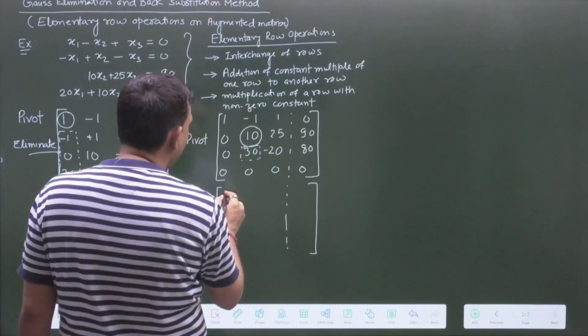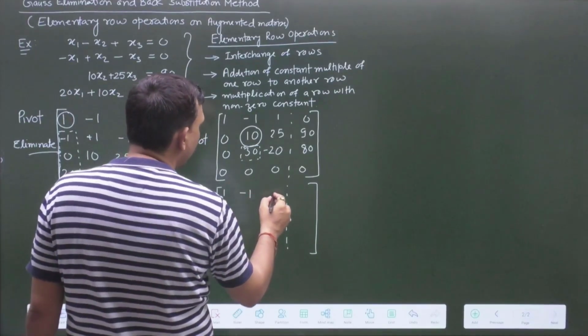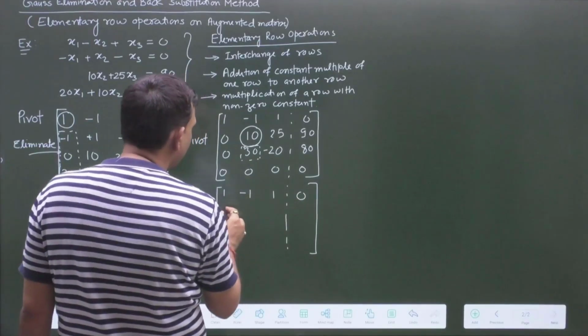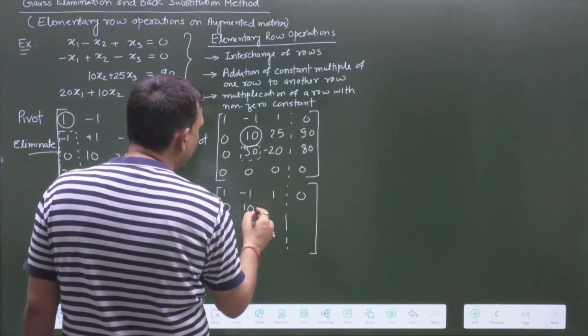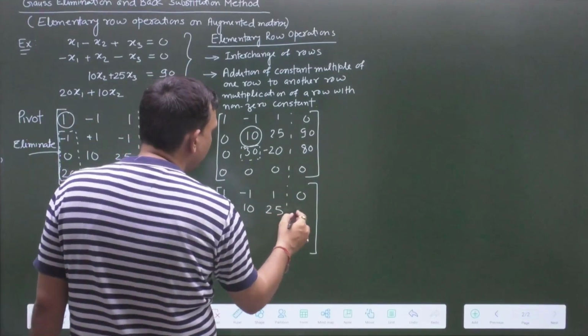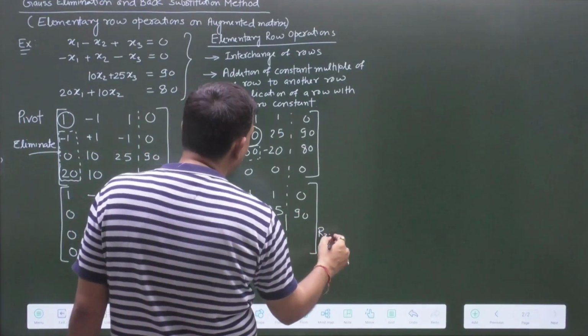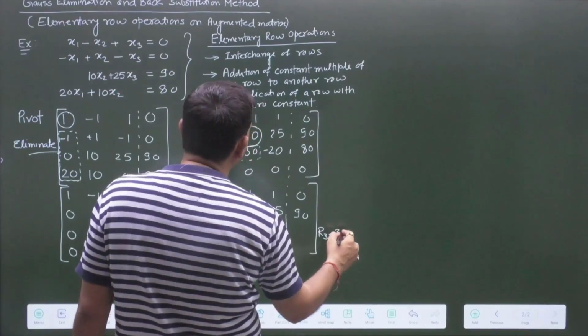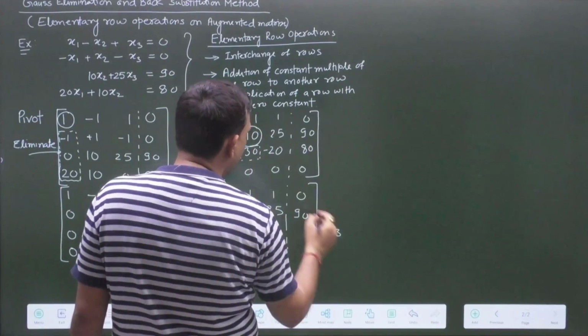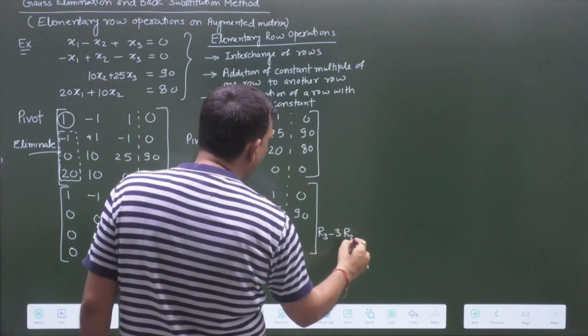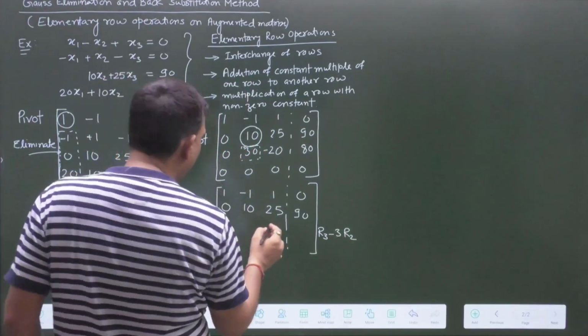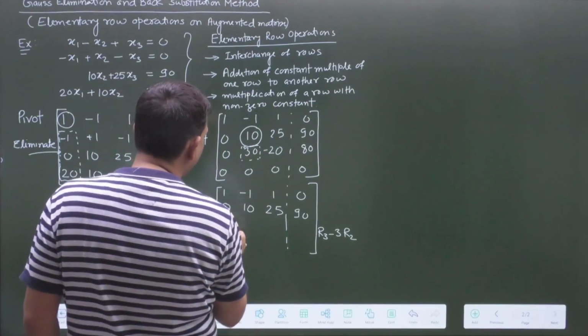So this will be 1 minus 1, 1. This is 0, 0, 10, 25, 90. And then you have R3 minus 3 of R2. Let's check. R3 minus 3 of R2. What you will get? This is 0.